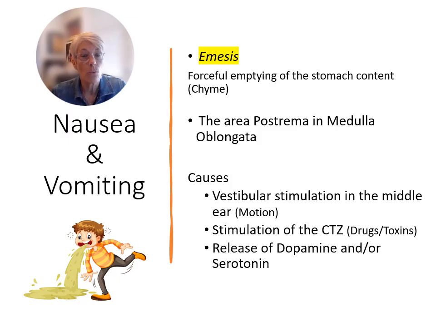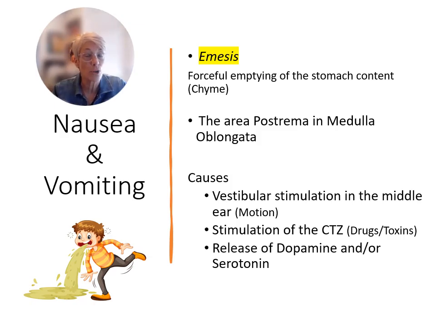We can also have that sensation if we have a stimulation of our vestibular nerve in our middle ear. That would be the motion sickness that people experience. And again, that stimulation of the CTZ, which is the chemoreceptor trigger zone, or that vomit center, okay, in the medulla, all right?